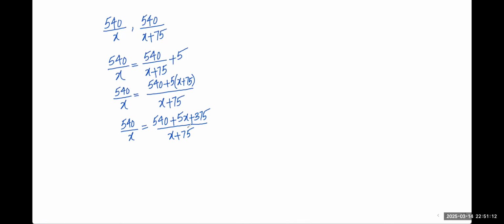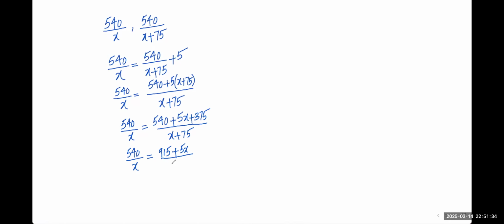Now cross multiply. Before that, one more step I can do: 540 divided by x equals 540 plus 375, which gives 915, plus 5x.